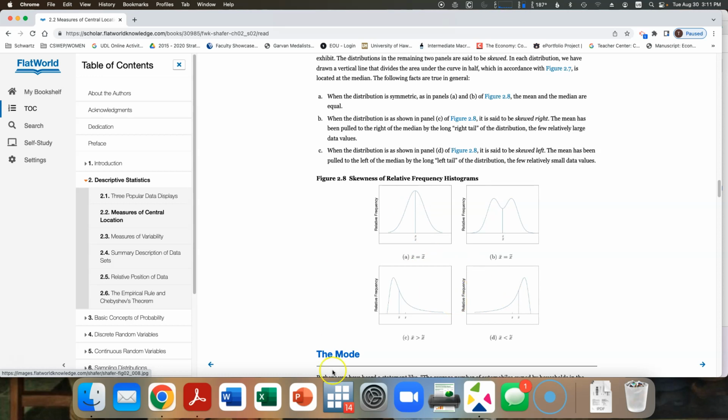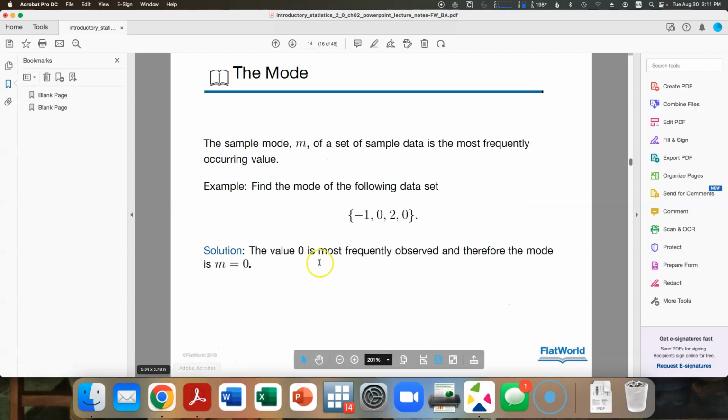Okay, let's go back to the slides. So the next part we get here is the mode. Sorry, I'm just trying to get to where we are here in the slides after I move things here.